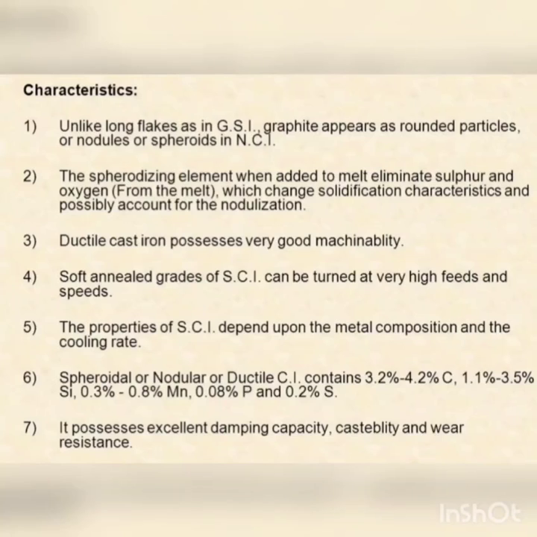So this is the chemical composition found in ductile cast iron. Basically, the presence of nickel and magnesium has a major role in the formation of graphite nodules. That way it makes a nodular structure as the microstructure of nodular cast iron.